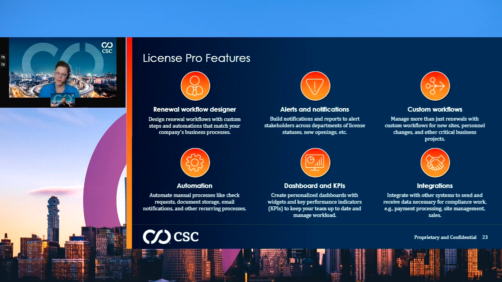Now, all together, we're going to have a lot of work that we manage in the system. So our dashboards and home pages allow you to customize the widgets and the views so that you are able to manage your key performance indicators, making sure that everybody is up to date, that leadership has the right information, and that we get that visibility for everyone who needs to be involved, and accountability as well.